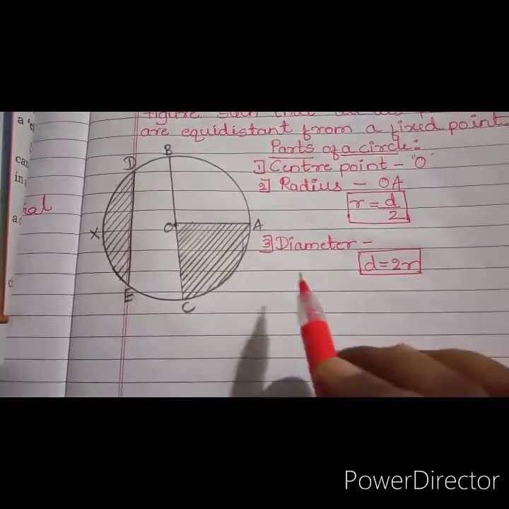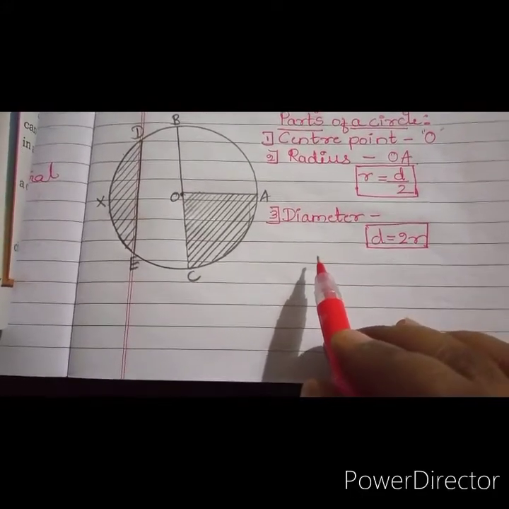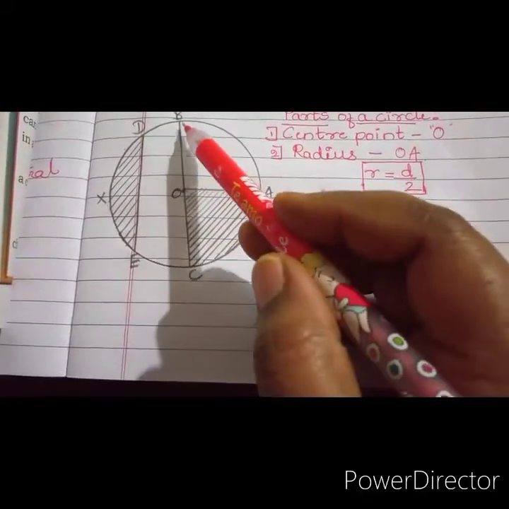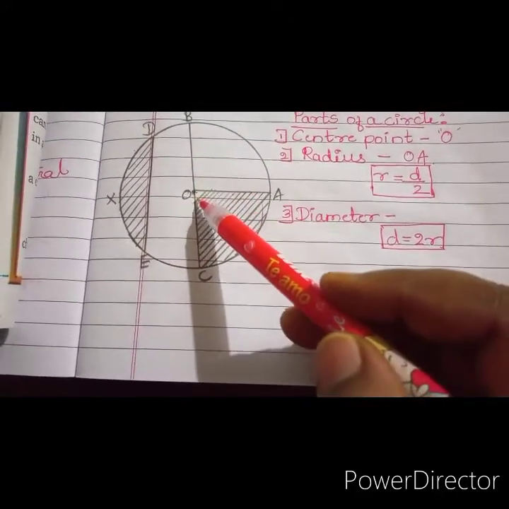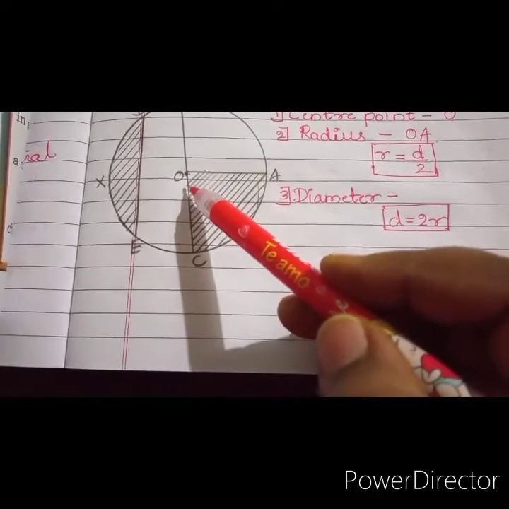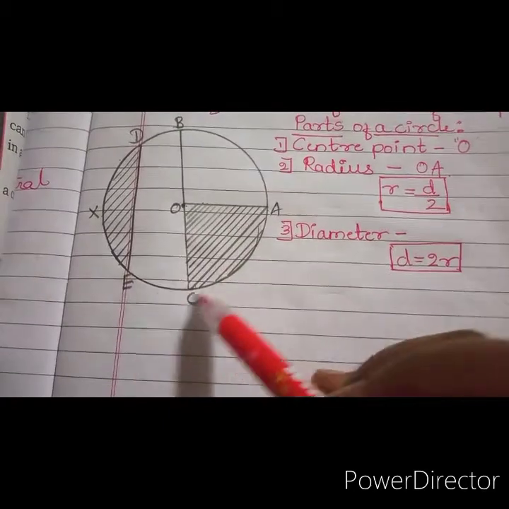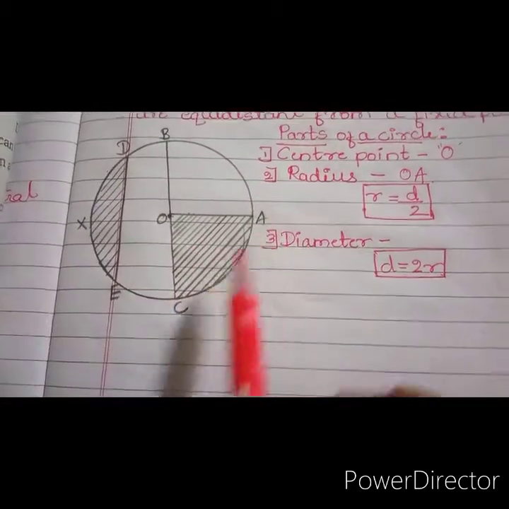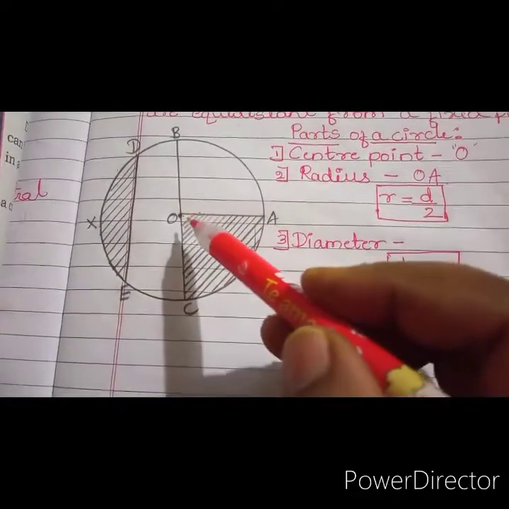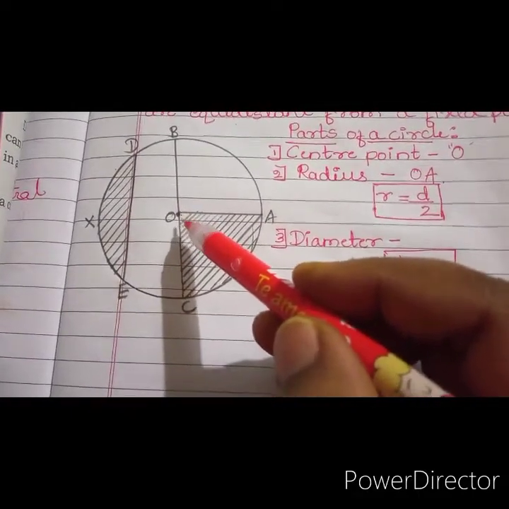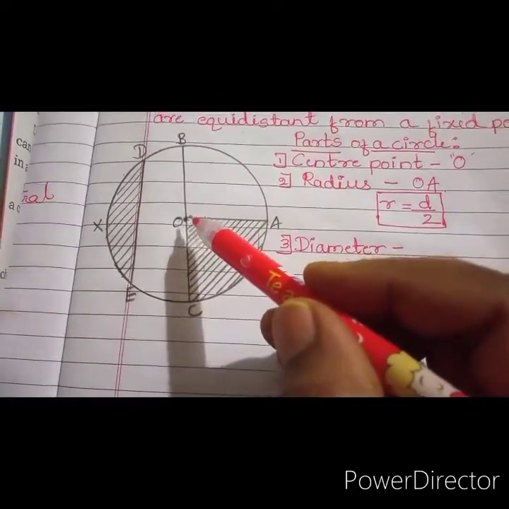Okay. Next, the third one, diameter. So what do you mean by diameter? The line segment, so here BC is a line. The line segment which passes through the center of the circle and whose endpoints lie on the circle is known as diameter of the circle. That one is very important here: the line segment which passes through the center of the circle.